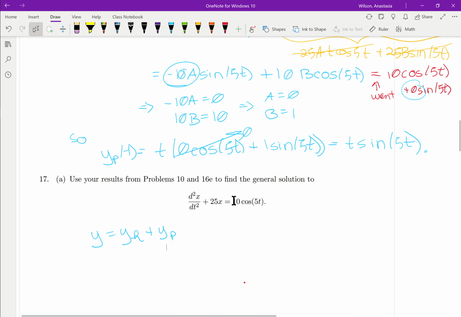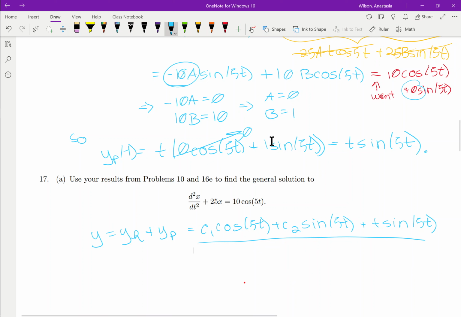So the homogeneous solution was c1 cosine of 5t plus c2 sine of 5t, and the particular solution was t times the sine of 5t, and now we're done. It might have taken us a while to find our particular solution, but once we had it, all we had to do was add it to our homogeneous solution in order to get our general solution.